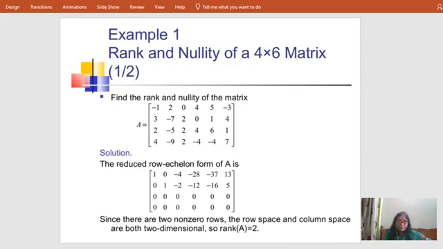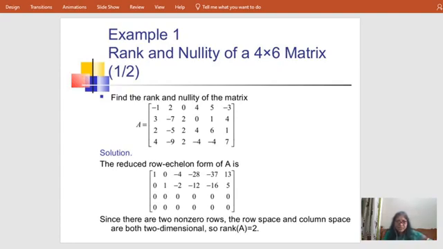For this particular problem, by operating second row, third row and fourth row using the first row, and first row, third row and fourth row using the second row, second column element, and by operating first row, second row and fourth row using the third row, third column element, and using the fourth row, fourth column element, the echelon form has become, the first row is 1, 0, minus 4, minus 28, minus 37, 13.